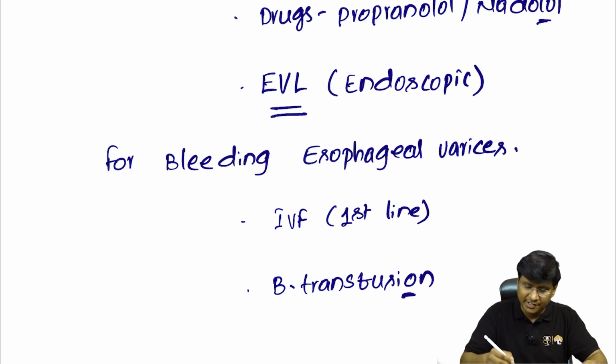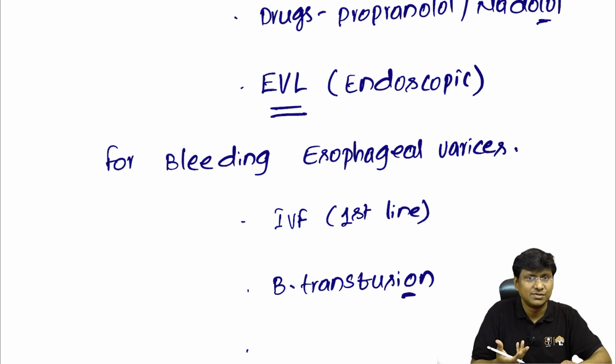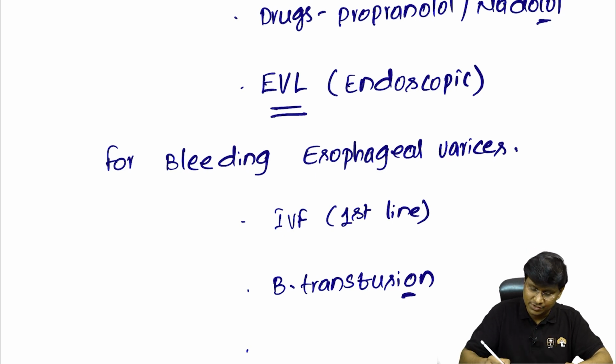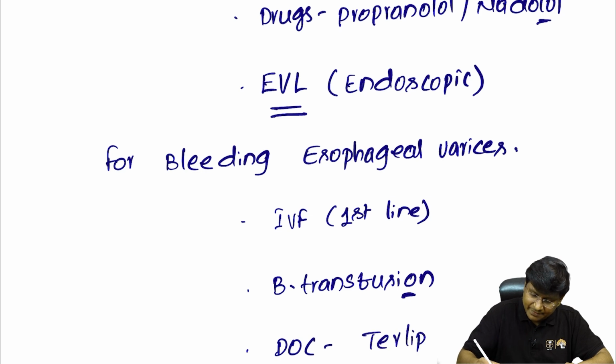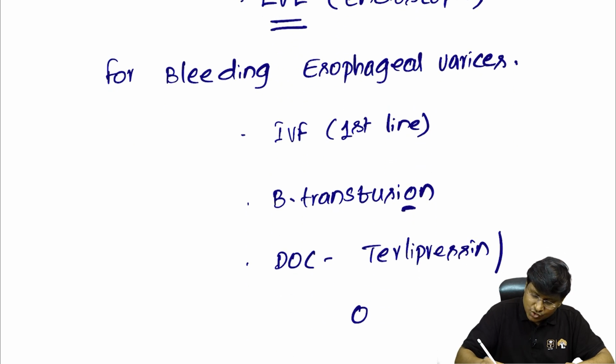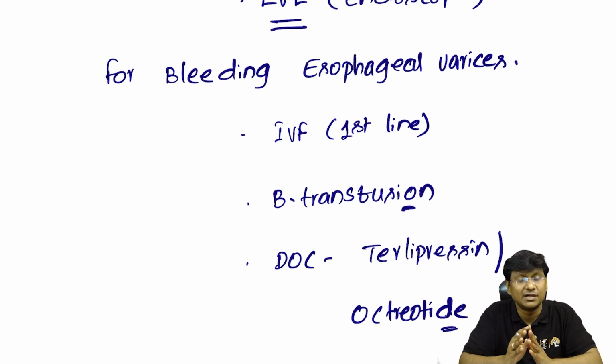And the next important is, you need to give the drugs which will reduce the bleeding from the bleeding esophageal varices. What will be the drug of choice? That includes terlipressin, right? And the alternative will be a somatostatin analog, that is octreotide, should be given, right?